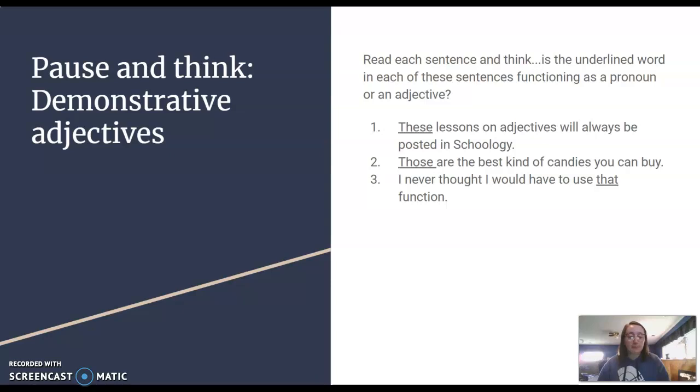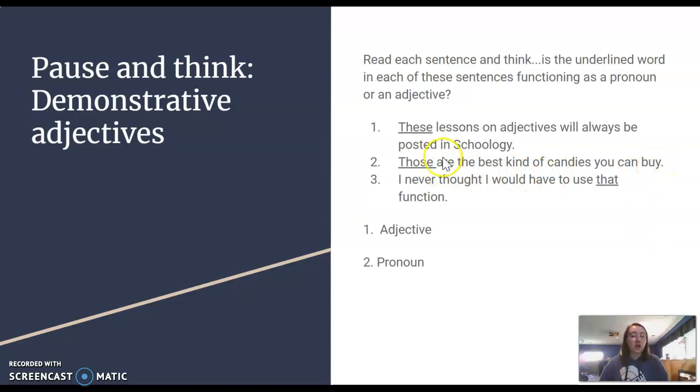Hopefully you paused. Let me give you the answers. One is an adjective because we're saying these lessons. We are putting a modifying adjective in front of a noun here. There shouldn't be any misunderstanding here because we're not putting these in front of a verb. If it were in front of a verb, you'd know it's a pronoun. Like in number 2, those are the best kind of candies you can buy.